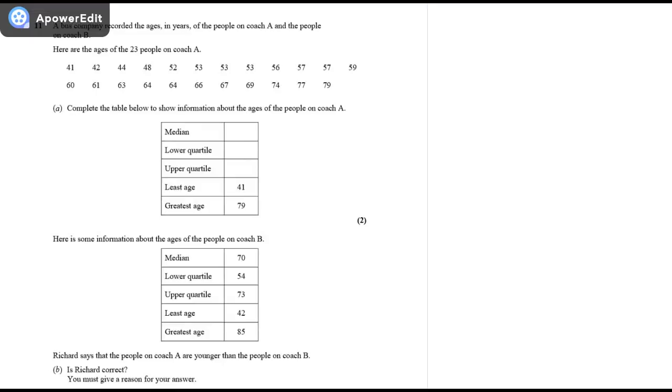Okay, in this question we got some data, and we complete the table below to show information about the age of the people on coach A. So we need to find the median, lower quartile, upper quartile. So I'm gonna write the formula here.